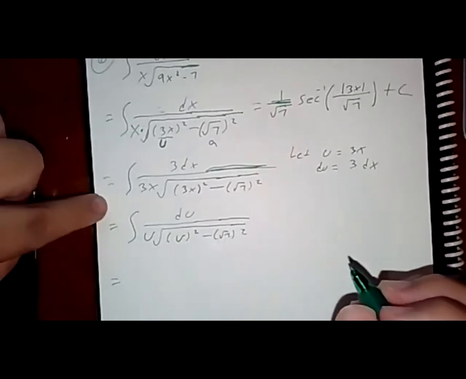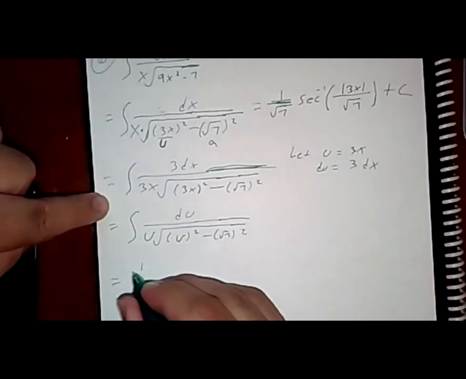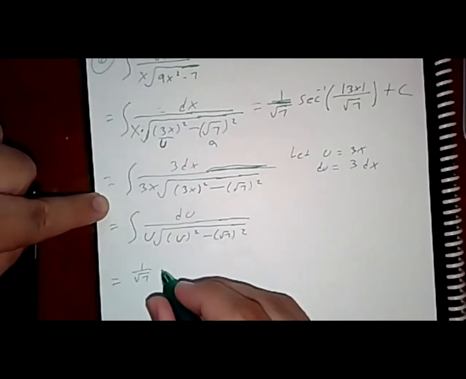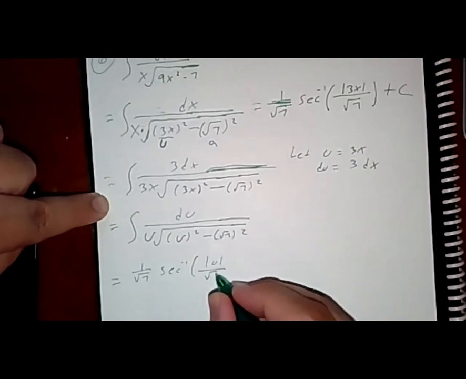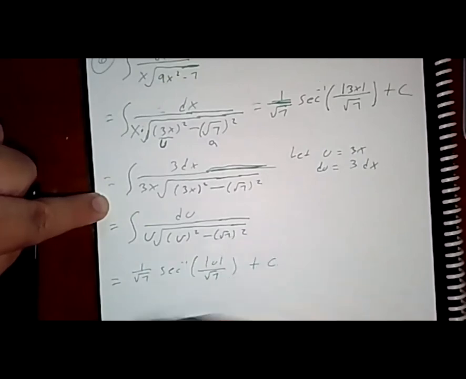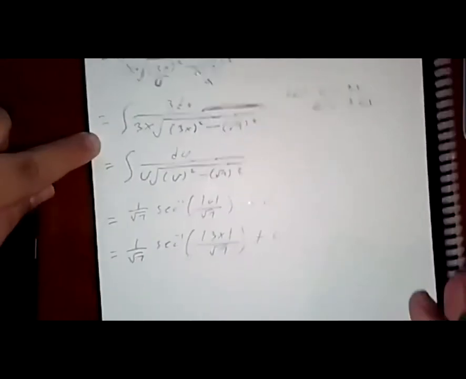Okay, so that's going to be 1 over square root 7 secant inverse of the absolute value of u over square root 7 plus c. And then we get what u used to be. So that's where the 3x comes from, over square root 7, plus c.